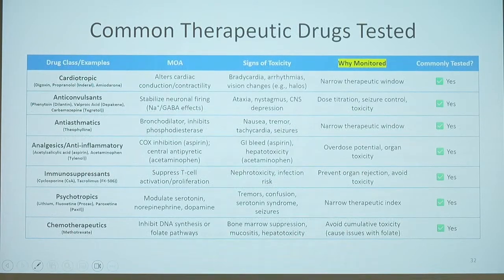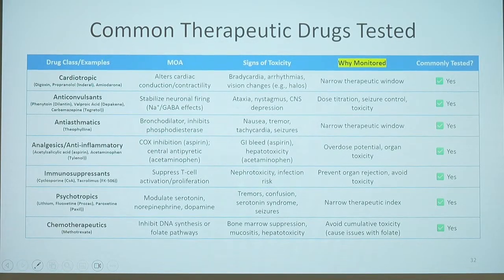All right, so here are drugs that are commonly monitored. We have the drug class and examples, their mechanism of action, their toxidrome or the signs of toxicity, and the reason why these drugs fall into this category.